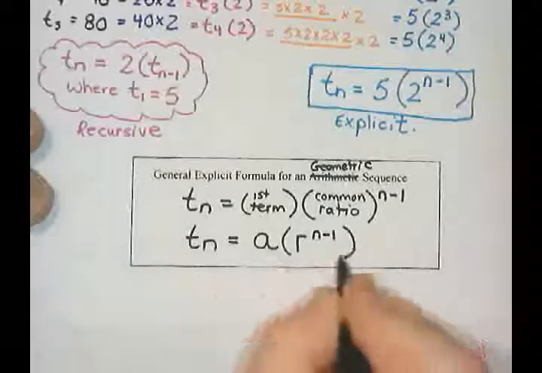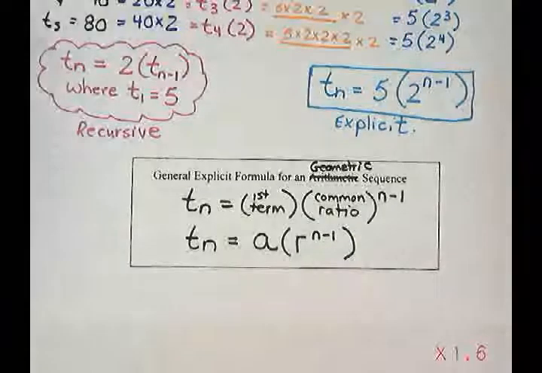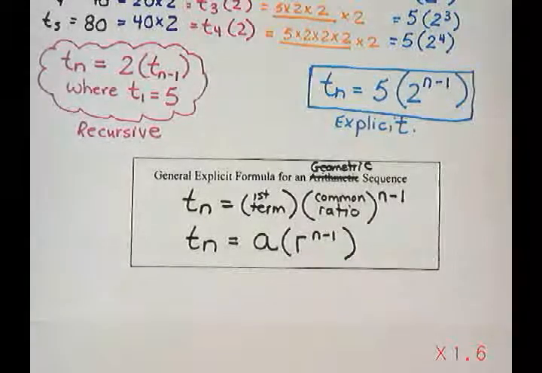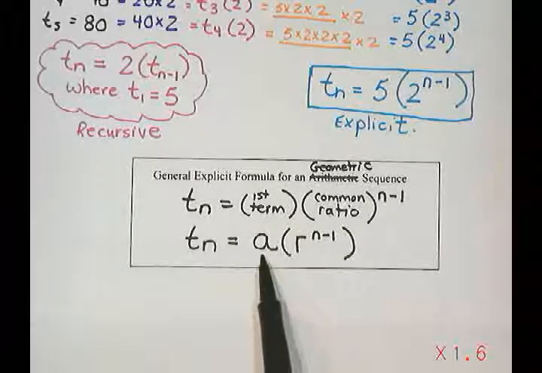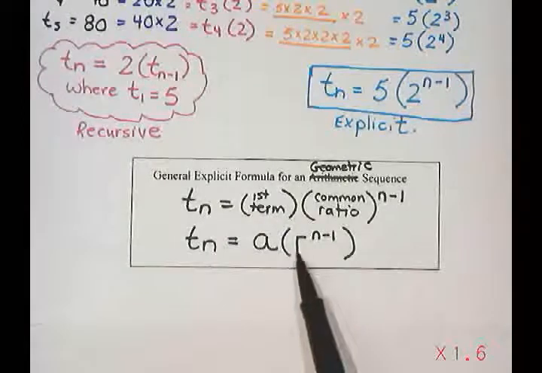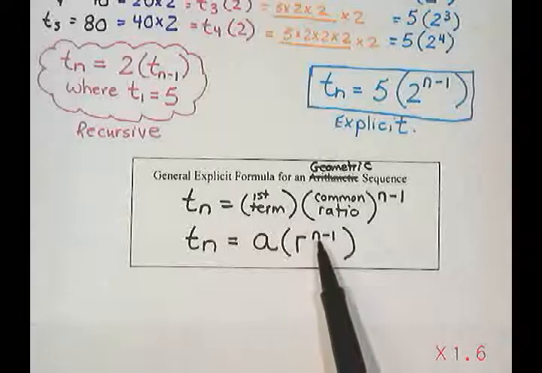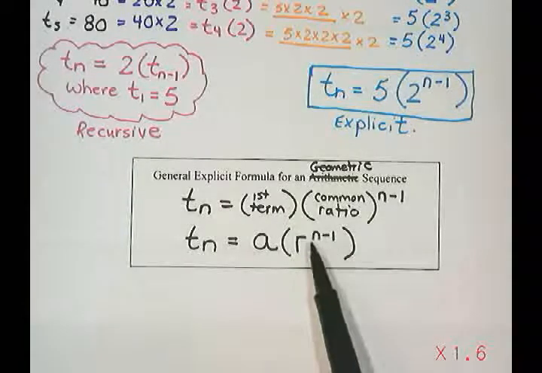Once again, you'll notice I just grouped it a little differently with the brackets, but it all means the exact same thing. So T is for the term, the nth term, equals A, the first term, times R, the common ratio, what you're multiplying by, to the power of n. So which term you're looking for. If I'm looking for term 10, I put a 10 in there, minus 1.